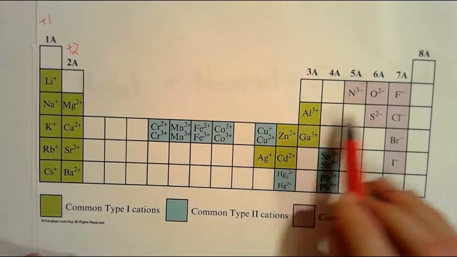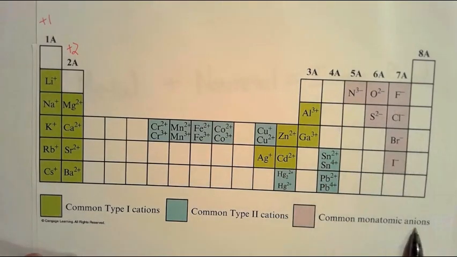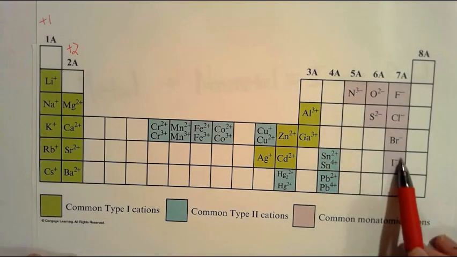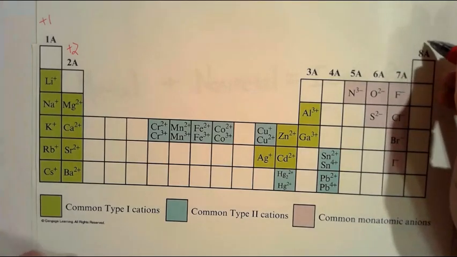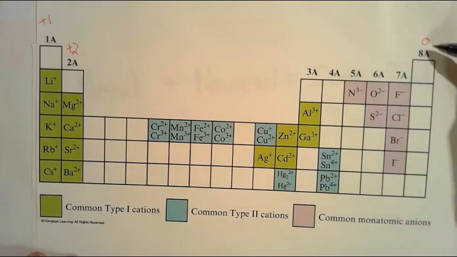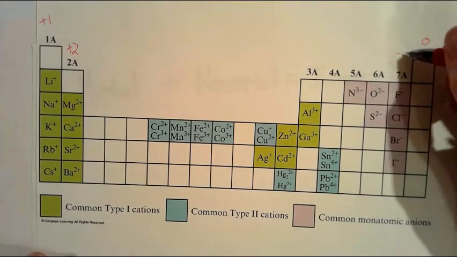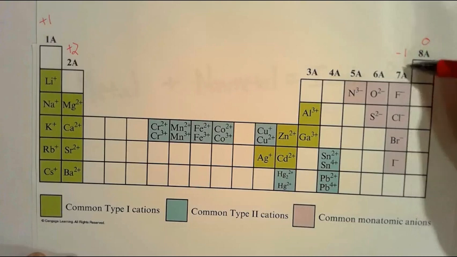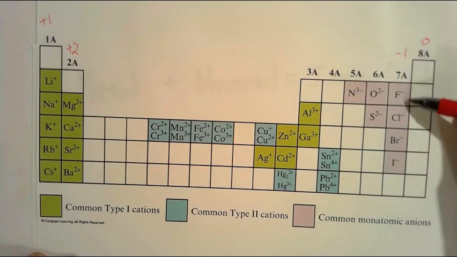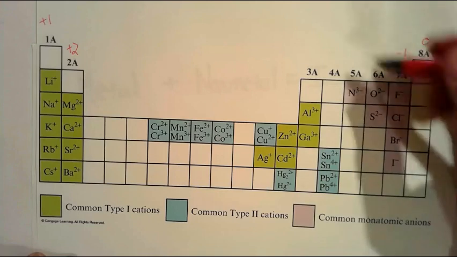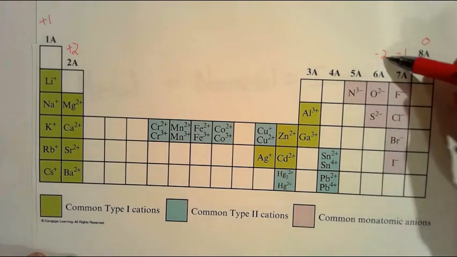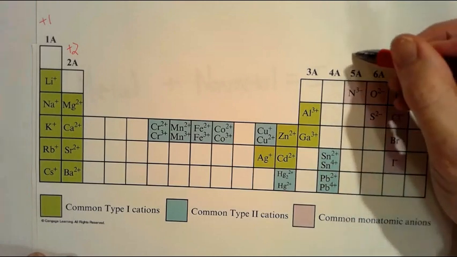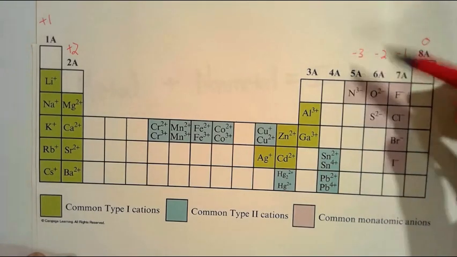Now, the anions on the other side are the nonmetals. These are most frequently your anions. The noble gases will have an oxidation state of 0, and they're not pictured here. The halogens will have an oxidation state of -1. You can see these all have -1. And these, group 6, will have an oxidation state of -2, and then these will have an oxidation state of -3.